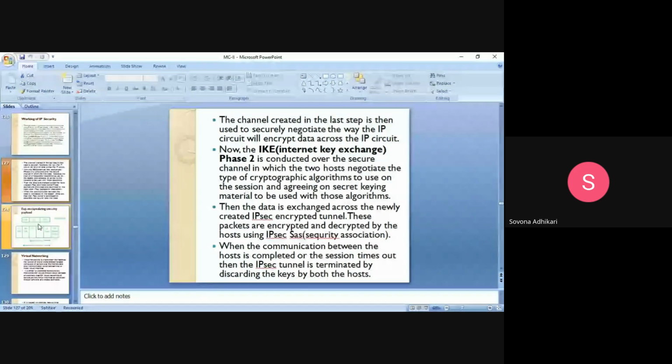So the key which was exchanged, they discard that key, and as soon as they discard that key, the tunnel between them is terminated. The session is terminated as the communication is over or the session times out.